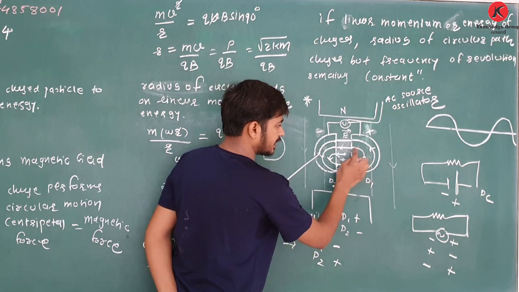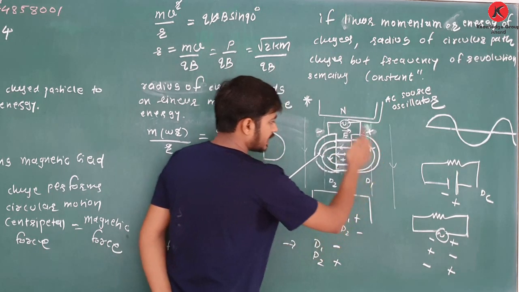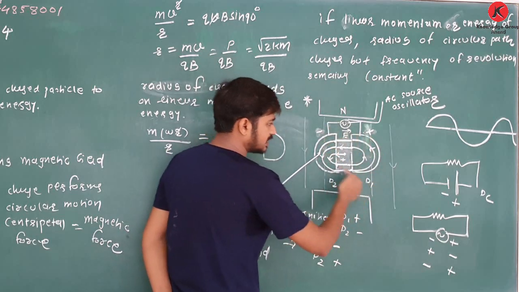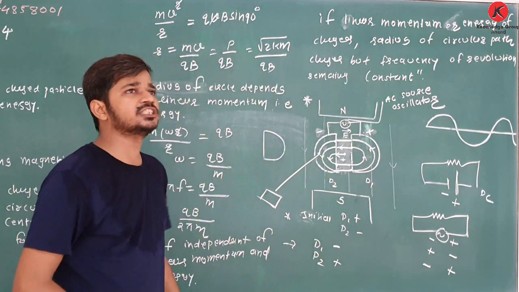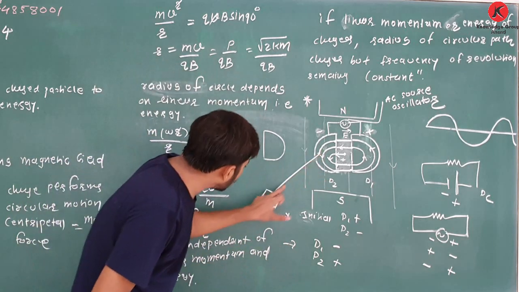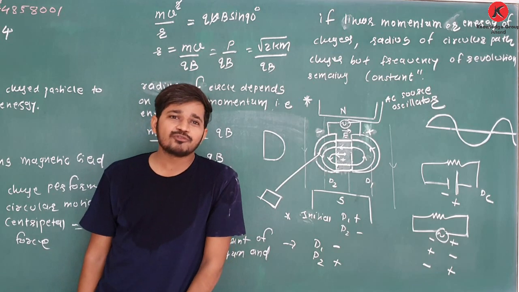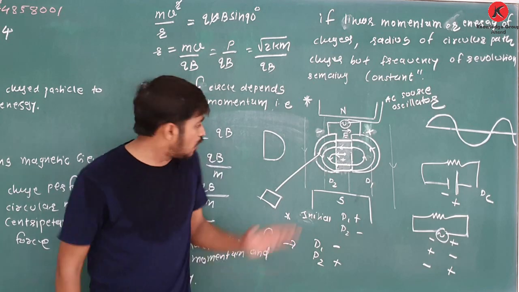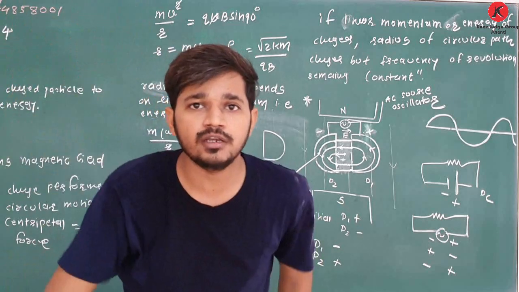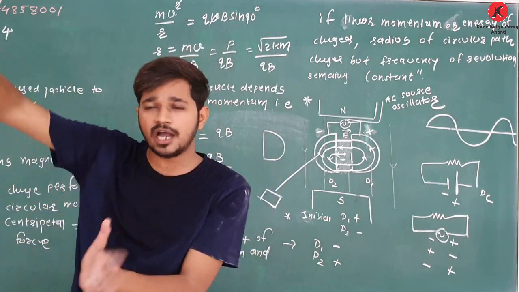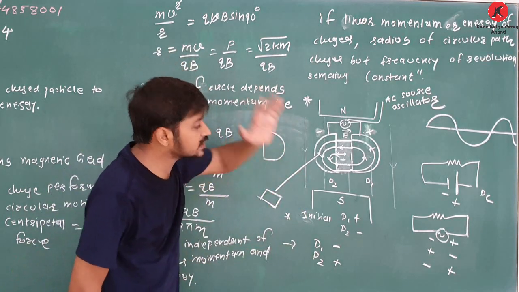As radius increases, energy increases. And this highly energetic particle is then projected on the nucleus which we want to disintegrate. How to deflect this? Due to another high magnetic field. Clear about this? Or due to another source. So this is the working of the cyclotron.